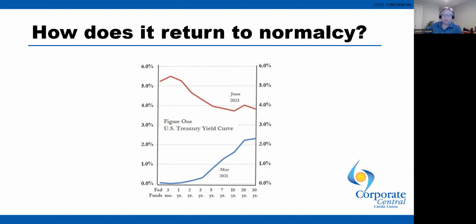You can see down here, the blue line is May of 21, where we had a normal curve, and June of 23, where it's inverted. For the credit unions that have some cash to put towards investments, if you're sitting at the 2-year or 3-year, and you can get a 5% CD, you're getting a nice spread there, and we find those on Simply CD. You have a nice spread.